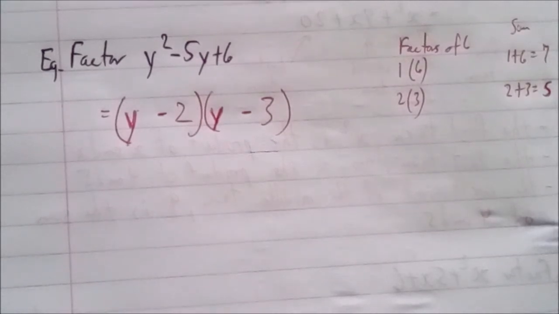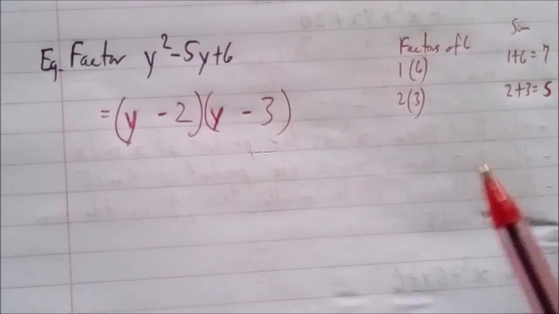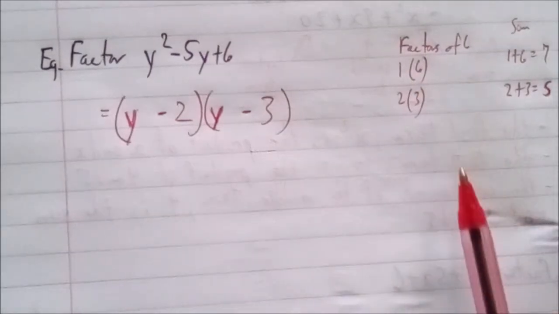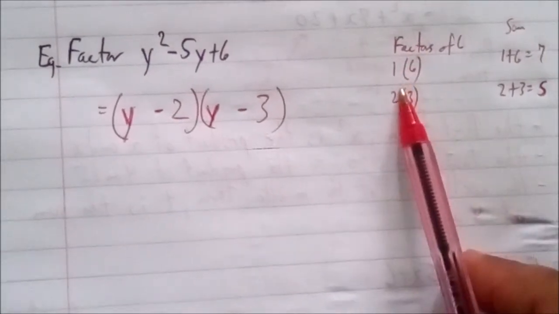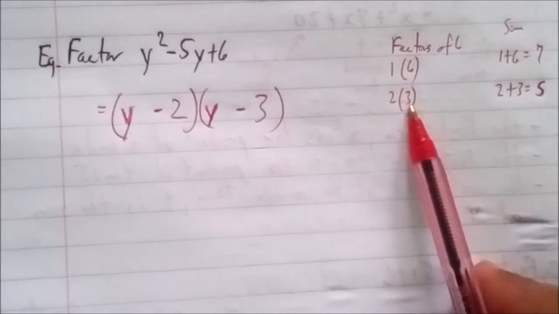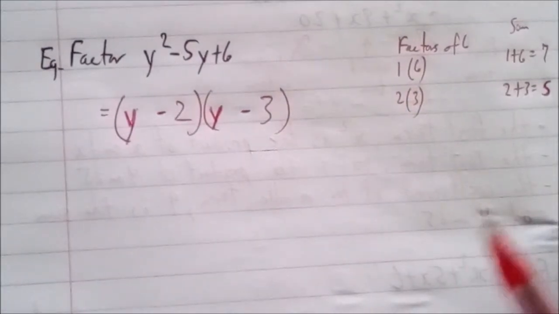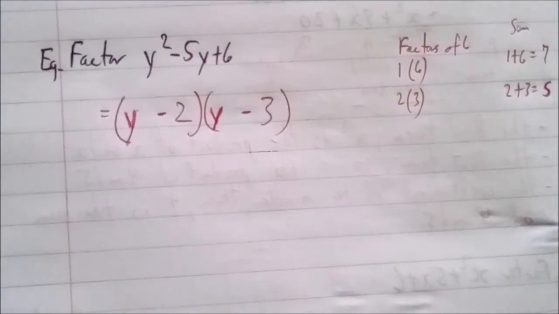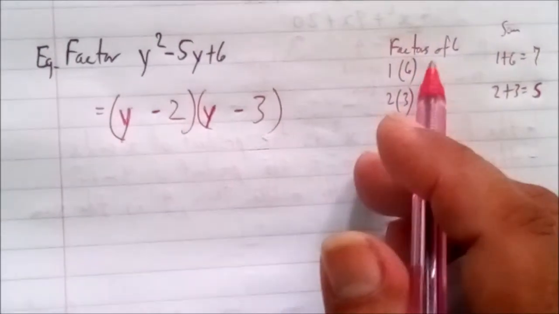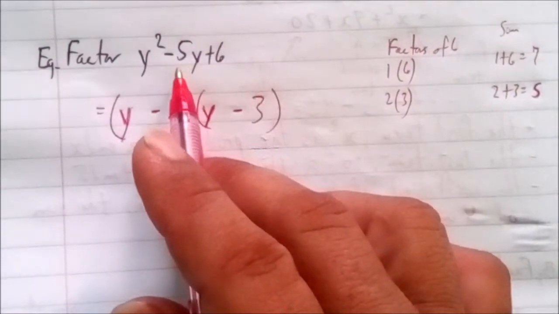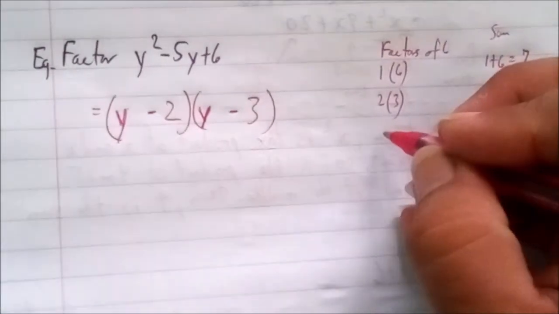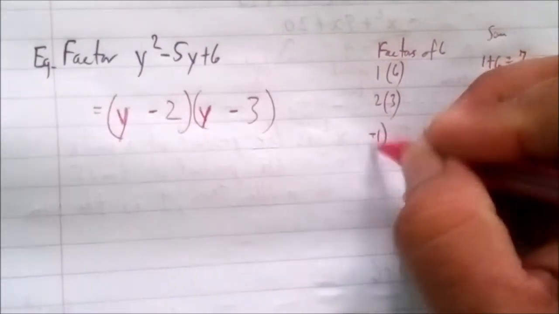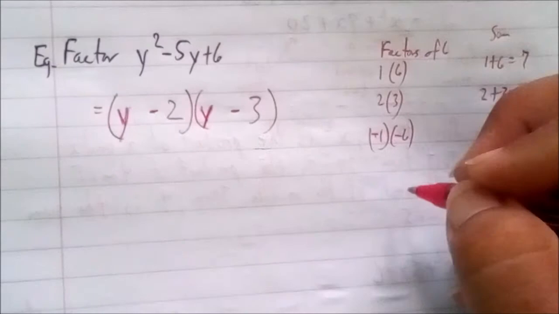So then let's go a little much more in depth. The factors of 6 were as follows, right? 1 times 6, 2 times 3. We're going with a different approach now. We can also get the factors of 6 because remember we will want a negative value in front. So if we were to say negative 1 times negative 6, we get positive 6.